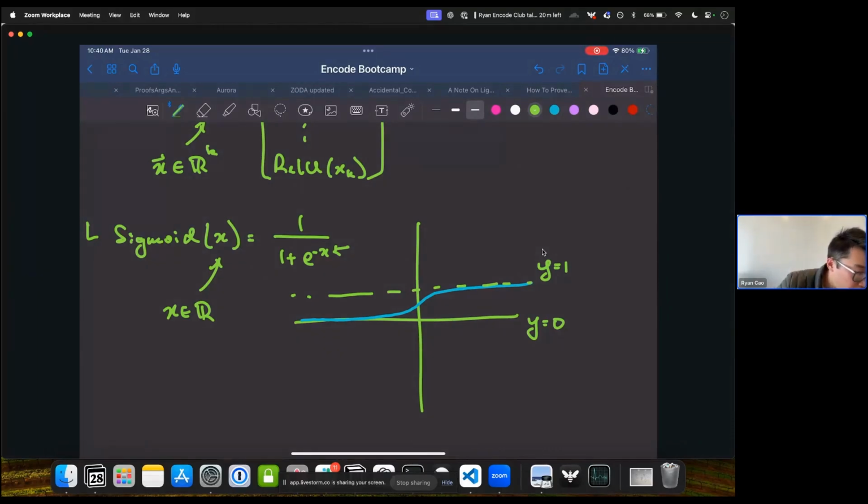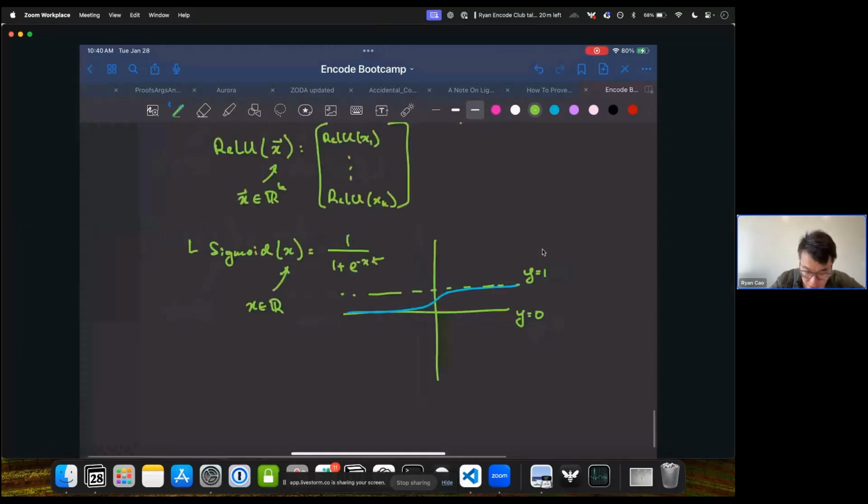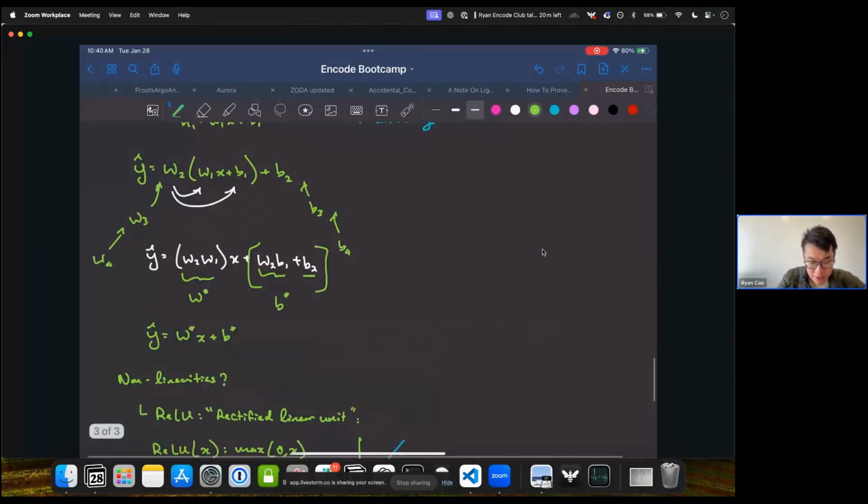Let's see, been a while, but why do we fundamentally need nonlinearities? Kind of forgot. Yes, great question, Noah. So this is exactly the collapse phenomenon that I was talking about earlier.